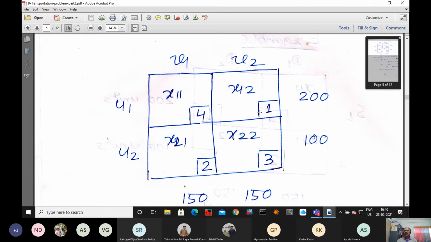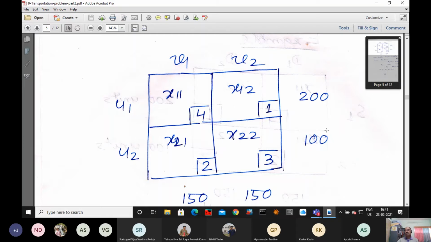Is it clear? We have got a rule to fulfill the constraints. X11 plus X12 has to be 200, so 150 plus 50 equal to 200. Second one, X21 plus X22 equal to 100, with X21 equal to 0 and X22 equal to 100. So that is fulfilled.